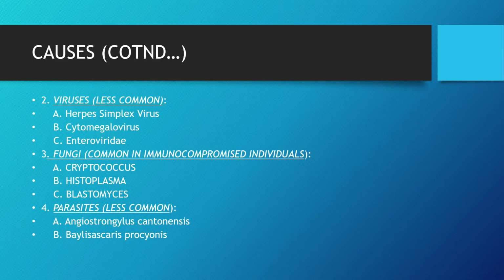In fungi, we have Cryptococcus, Histoplasma, and Blastomyces. In the case of parasites, the names are difficult to write and pronounce, but you'll get the hang of it once you start memorizing them again and again: Angiostrongylus cantonensis and Baylisascaris procyonis.